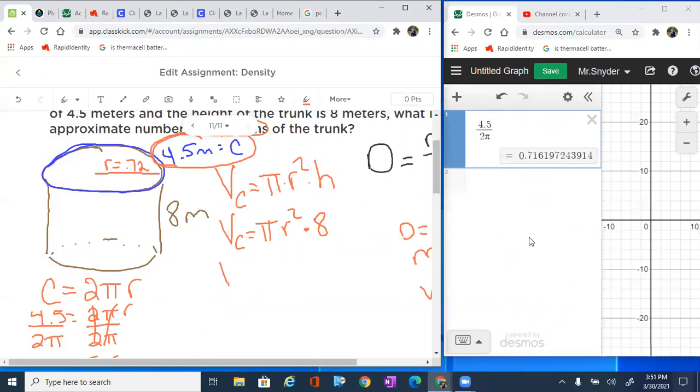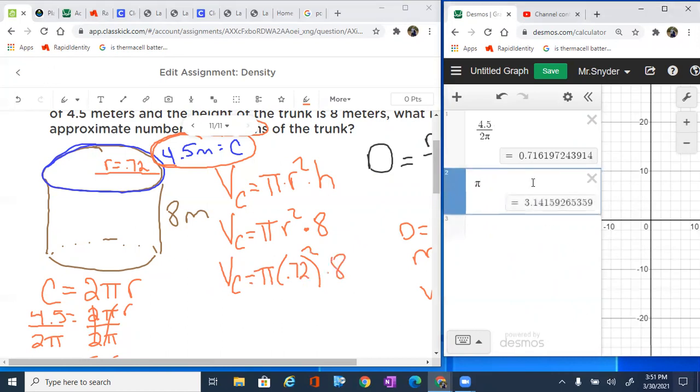All right, so now we can find the volume of this cylinder, or the volume of this trunk. The volume of the trunk is going to be pi times 0.72 squared times 8. Let's go ahead and type this in. So pi times 0.72 squared times 8 is going to bring us to roughly 13.028. Let's just say that the volume of this trunk is 13.03.